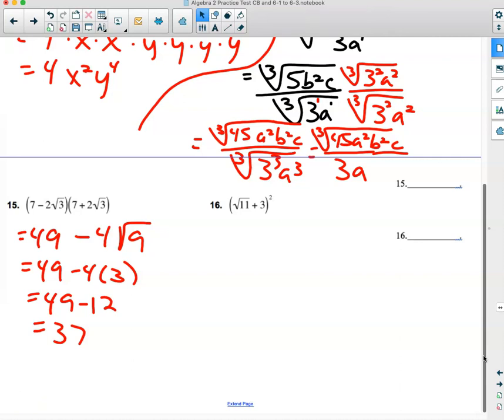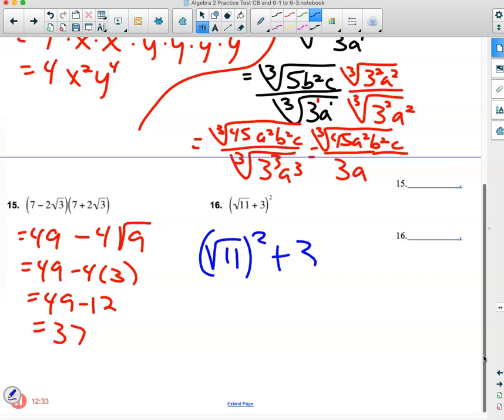Alrighty. Please take a look at number 16. And don't write this down, but I want to show you what I see on this test every year. And that tells me people weren't paying any attention at all. We can't do that. That has addition in there. You can't distribute when there's addition or subtraction inside there. So help me out here.